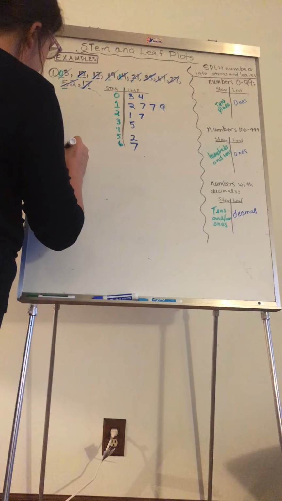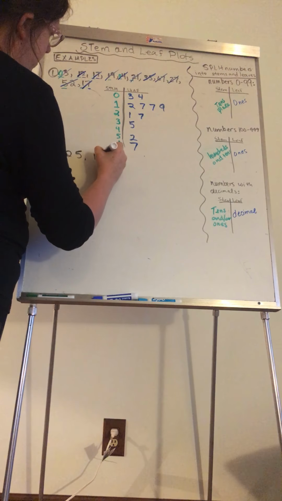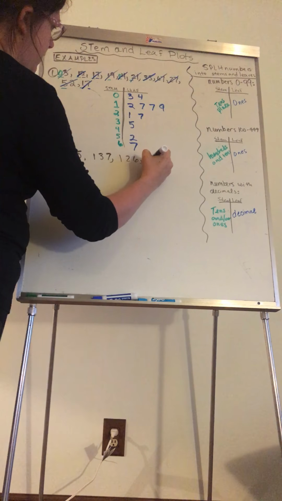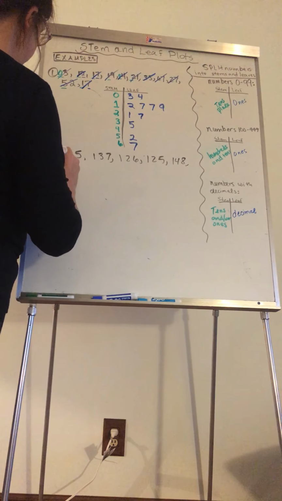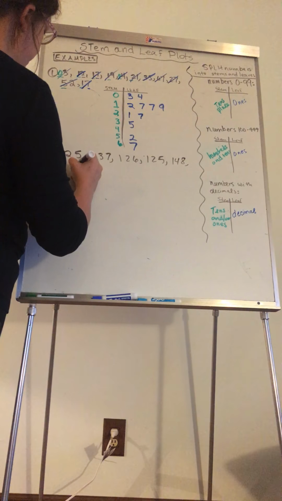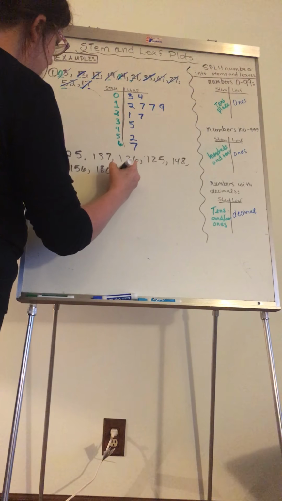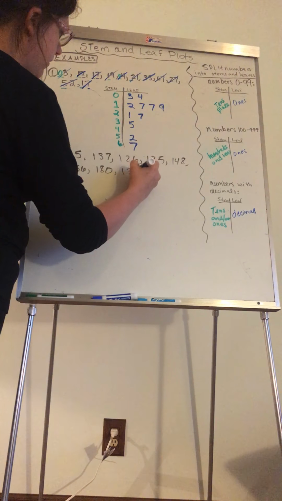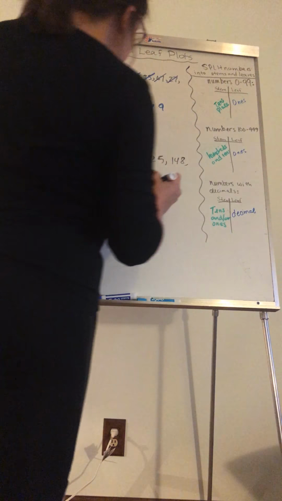Say I had 125, 137, 126, 125, 148, 144, 156, 180, and 133. Okay, so I'm going to start by drawing out my kind of cross-looking thing here, the stem and leaf plot.